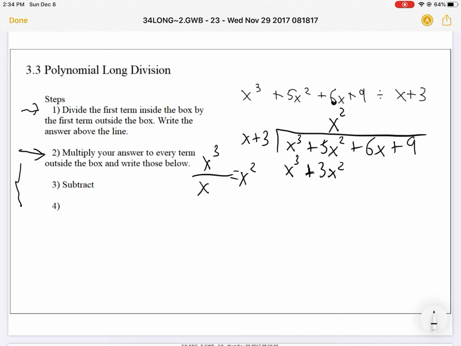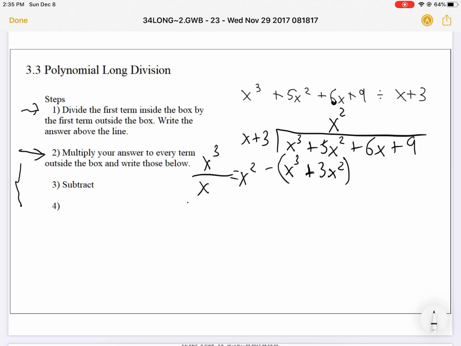On top of that, compounding the different part from basic long division back in the day, we need to subtract just like we did before, but now we have a quantity that needs to be subtracted because there's two terms down there.